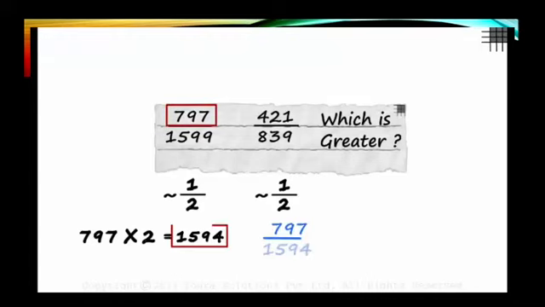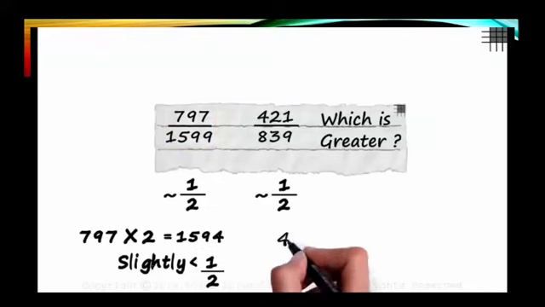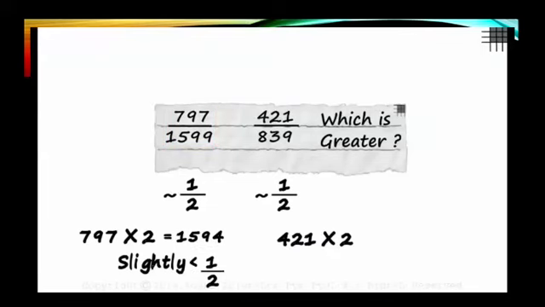797 by 1599: 1594 is exactly half, so 797 by 1599 would be slightly less than half. And what is 421 times 2? It's 842.